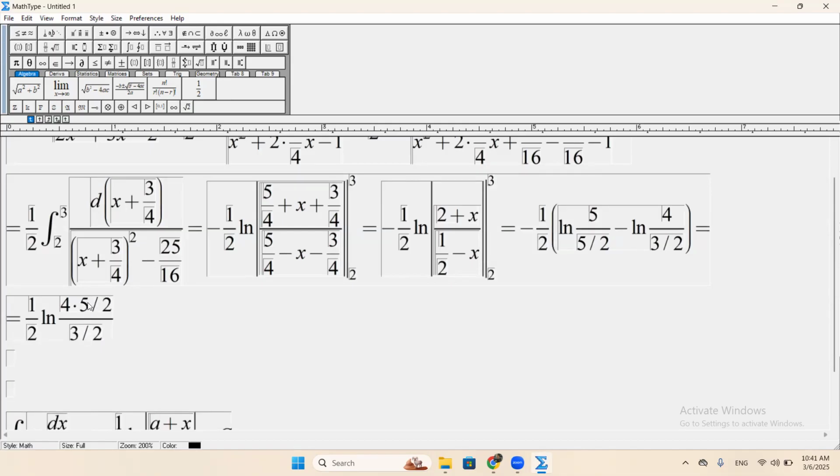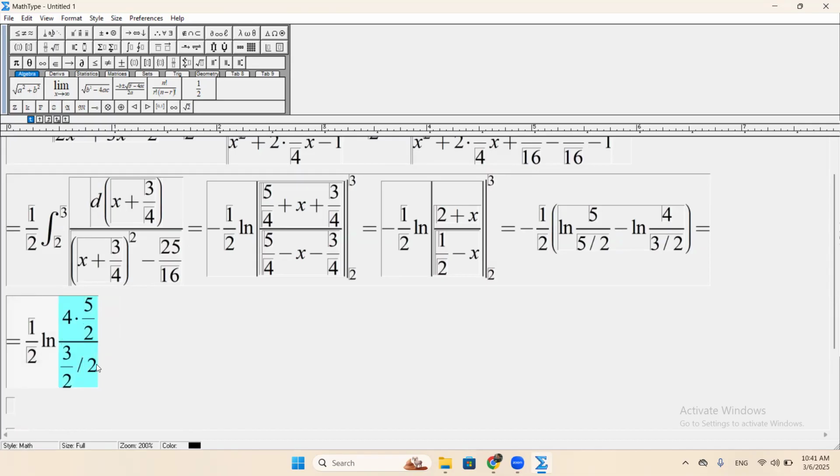Let me rewrite it in a more convenient, more understandable way, not with fractions. So 3 over 2 multiplied by 5.